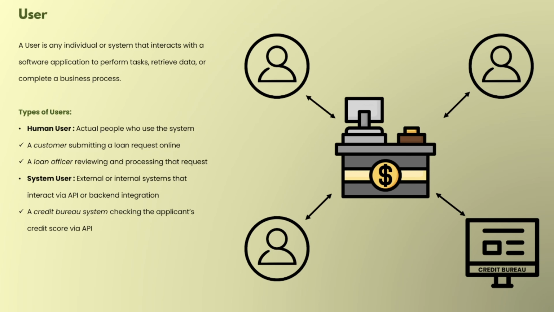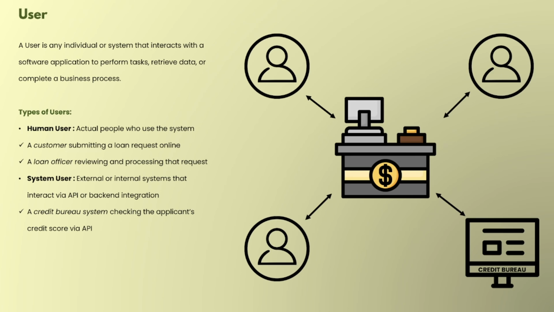So there are broadly two types of users: human users and system users. Human users are people who use the software, like a customer submitting a loan request online, or a loan officer reviewing and processing the request. Whereas a system user is another software, an external or internal system that interacts via API or backend integration.